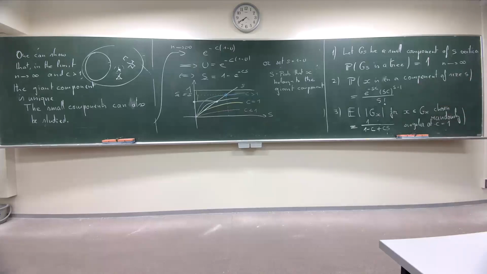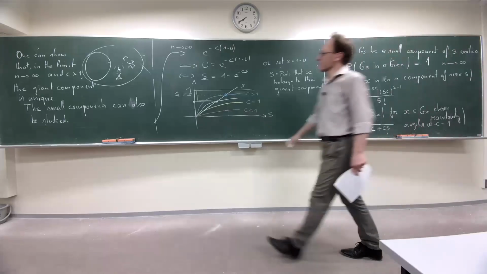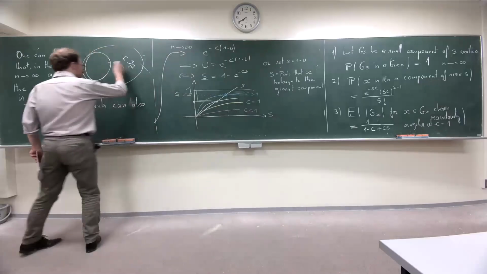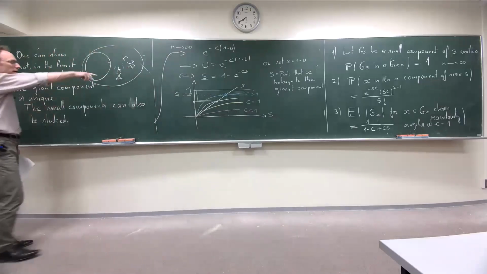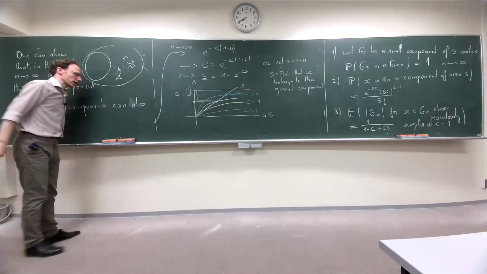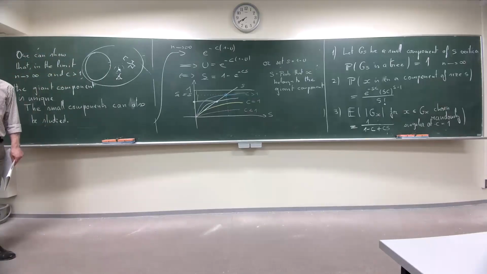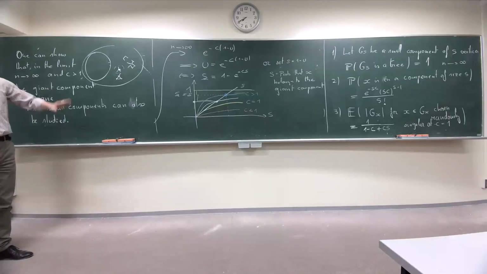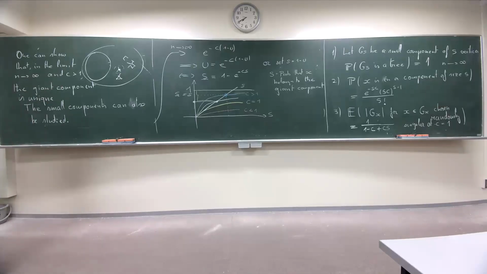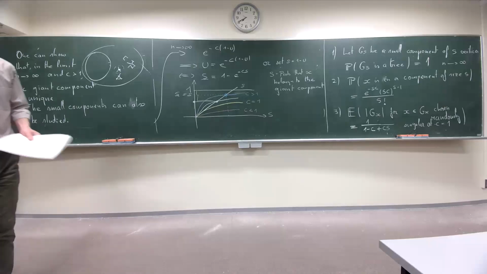So it means the average, or the expectation value of the size of the component where you find randomly an X, has a singularity. And you can try to understand this. Of course, it takes some time, but okay. No, it's correct.